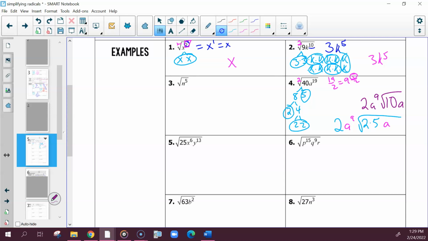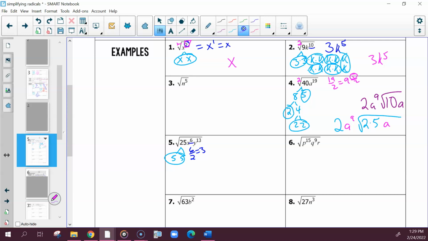Right, starting with number 5. So with 5, 25 is a perfect square. So we know that's going to be 5 and 5. That's going to be a group that comes out. 6 is an even number. So I know that 6 divided by 2 equals 3, so there's going to be 3 x's that get to come out.